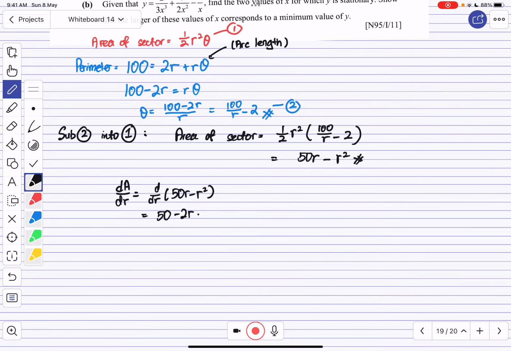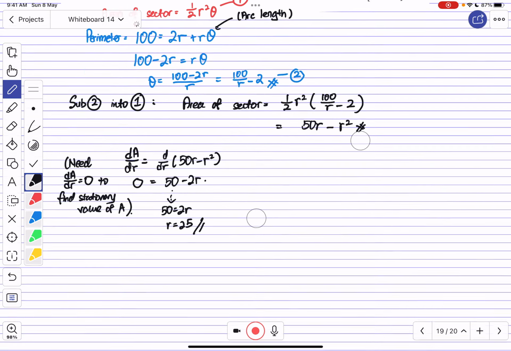And I will equate this to 0, since we are finding a stationary value of A, which in turn may give us the maximum value. Solving this just gives us 50 equals 2R and R equals 25.